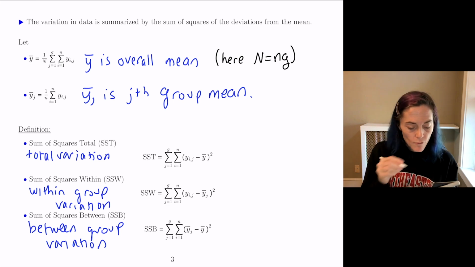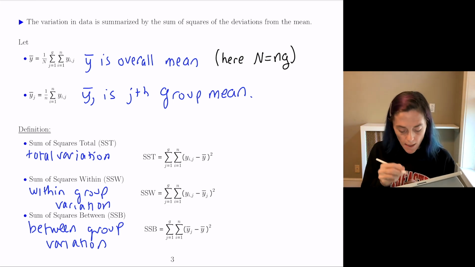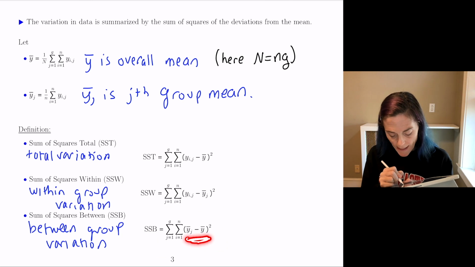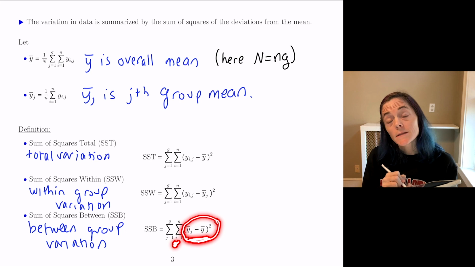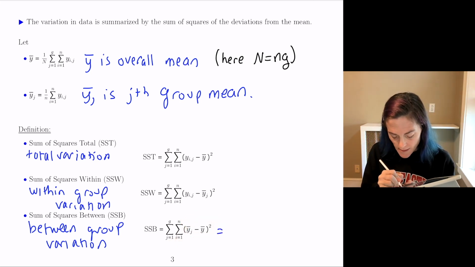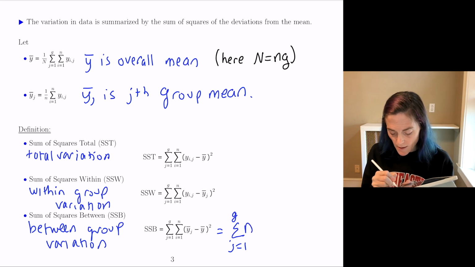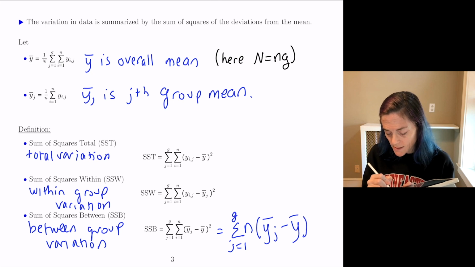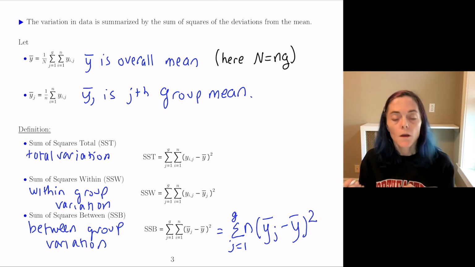Let me make a remark here. You notice on this sum, we sum i equals 1 to n, but this term has no i in it. So you could factor this out of the first sum, i equals 1 to n, and you will just get a sum j equals 1 to g of n times this difference, the jth group mean minus the overall mean squared.